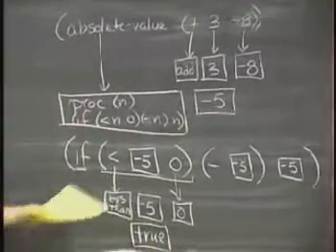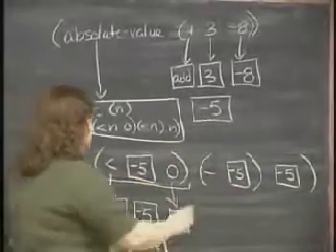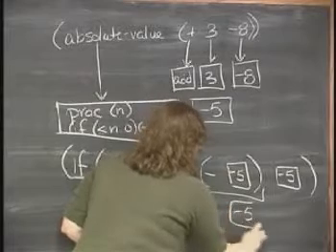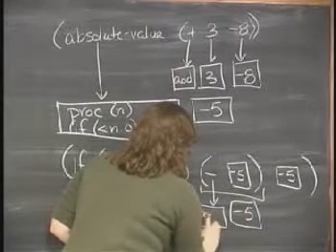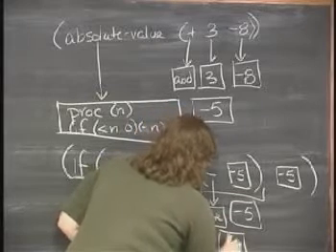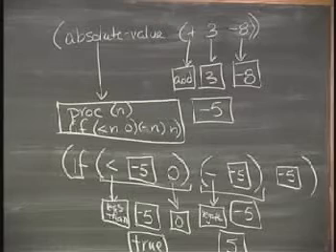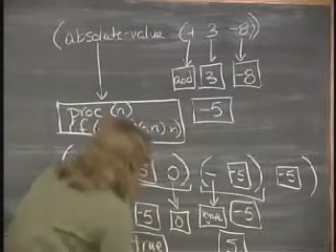And the special form says that if the predicate is true, we then evaluate the consequence. So let's evaluate this. Minus 5 is already evaluated. This negates, giving us 5, which is the return value. If I had a little more board space, the 5 would be on a separate line from true.